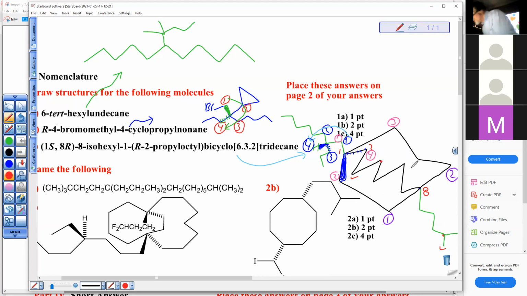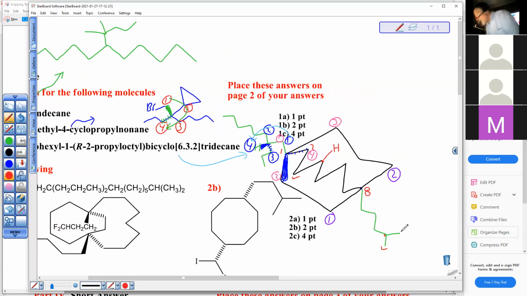It's an H. What's the next heaviest atom attached here? It's this C. We're comparing this purple H to this purple C, which is heavier. Purple C, which makes this the 3. Makes this the 3, and this the 4.